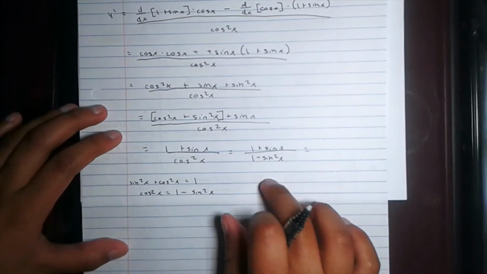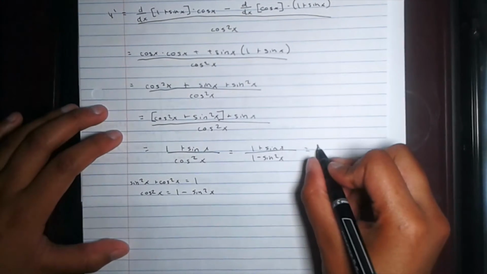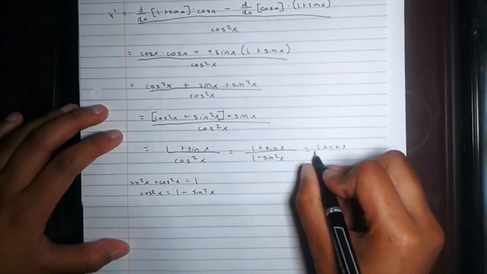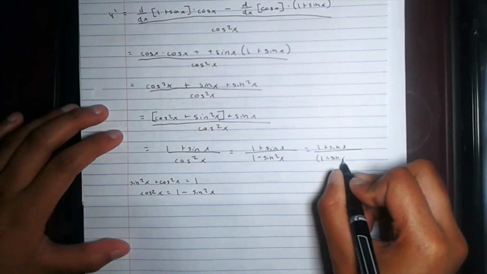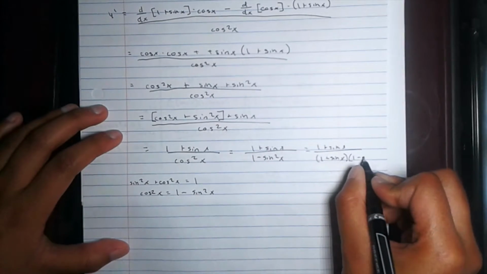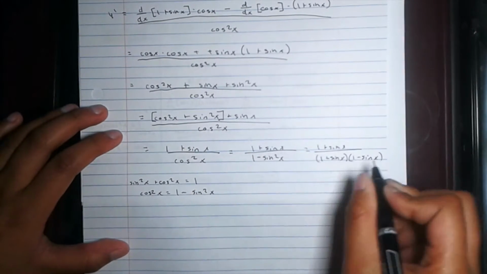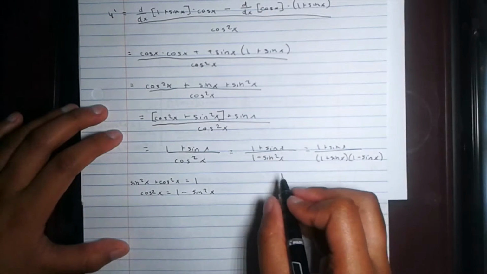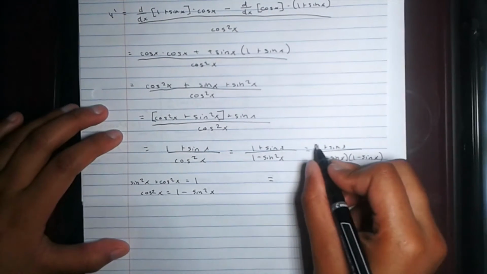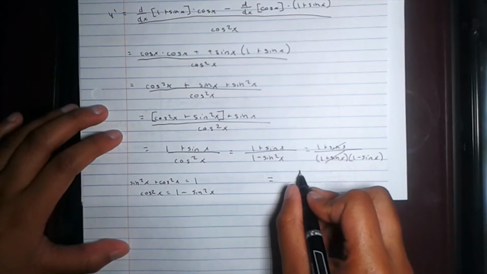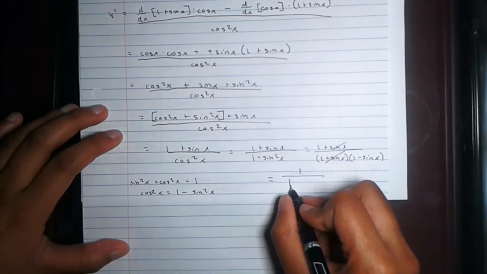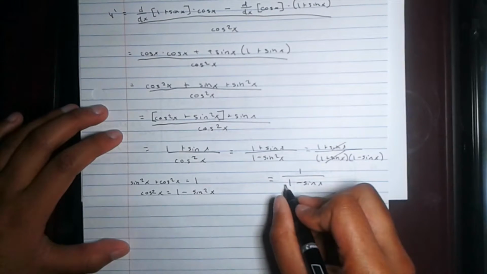And if you split that apart, it'd be 1 plus sine x times 1 minus sine x. So that's the same thing as that. And so you can cancel out 1 plus sine x over 1 plus sine x because that's just 1. So you're left with 1 over 1 minus sine x as your answer.